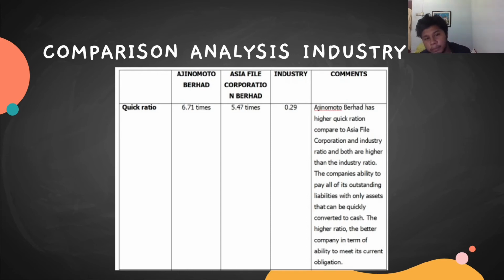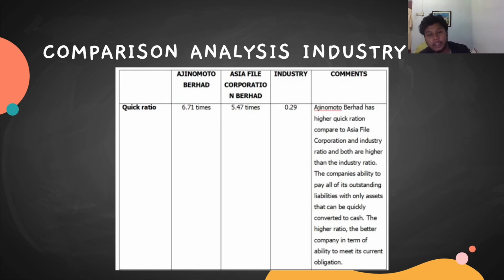So we can see here both of these companies have a higher ratio compared to the industry ratio, which indicates that both companies have the ability to pay all of their outstanding liabilities by selling their assets, because the quick ratio indicates how good they are at paying liabilities and how quickly their assets can be converted to cash.